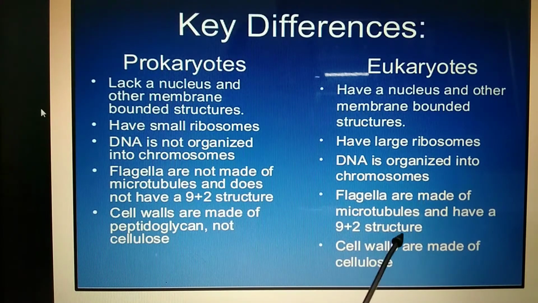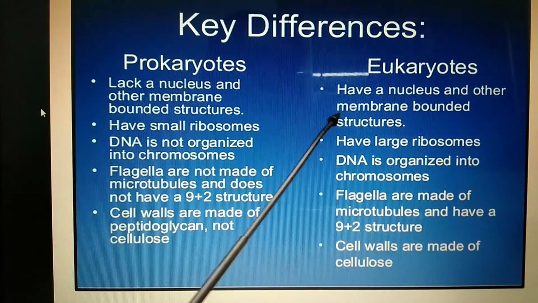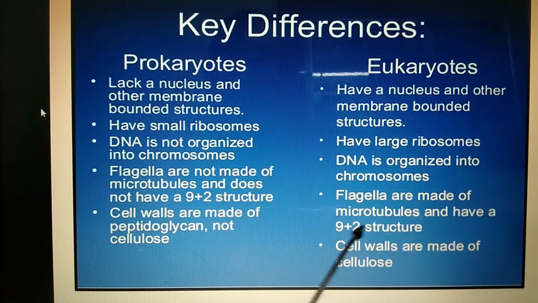What is the 9+2 structure? Now, the cell walls of prokaryotes consist of a substance known as peptidoglycan, but in eukaryotes, the cell walls, that means cell walls of plants, are made up of cellulose. I'm not talking about animal cells, I'm talking about the cell wall of plants.